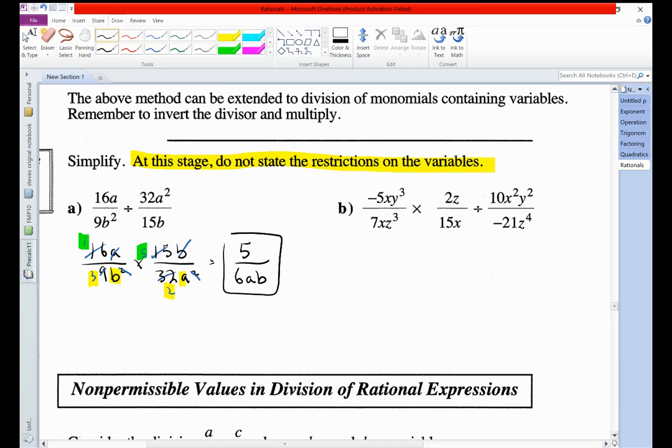In the next one, we are going to use our keep, switch, flip idea. So I have negative 5xy cubed over 7xz cubed multiplied by 2z over 15x, and then we're going to multiply negative 21, we're going to flip that last term here, over 10x squared y squared.